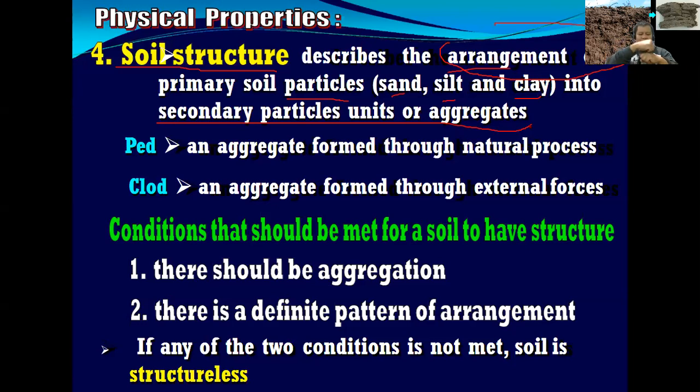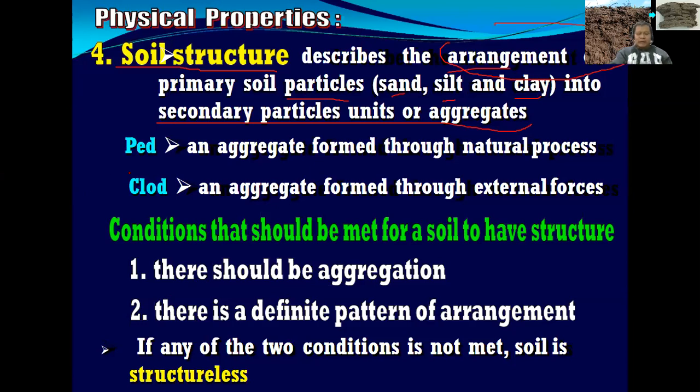Sometimes the aggregates will be arranged somewhat like that, or maybe like this. The point is how the aggregates of those primary particles are arranged, be it random or otherwise. We're talking about the arrangement.